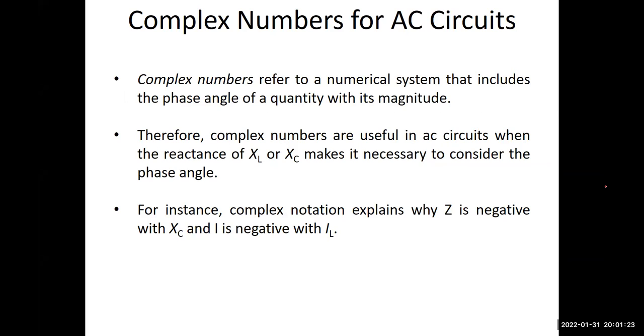So, how do we apply these complex numbers in AC circuits? Complex numbers refer to a numerical system that includes the phase angle of a quantity with its magnitude. Therefore, complex numbers are useful in AC circuits when the reactance XL or XC makes it necessary to consider the phase angle.